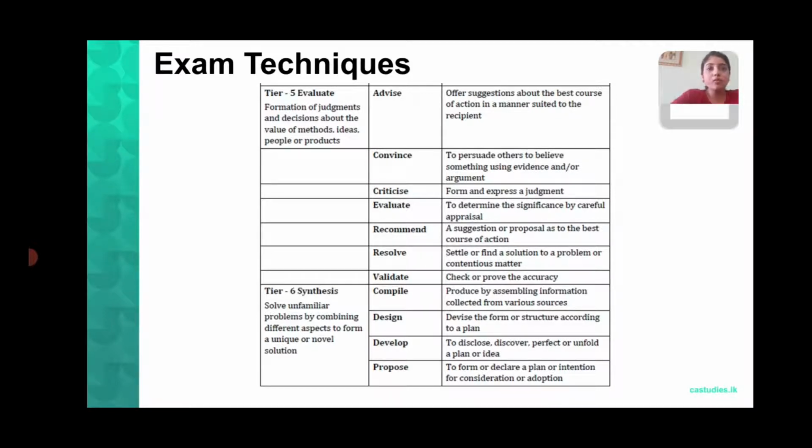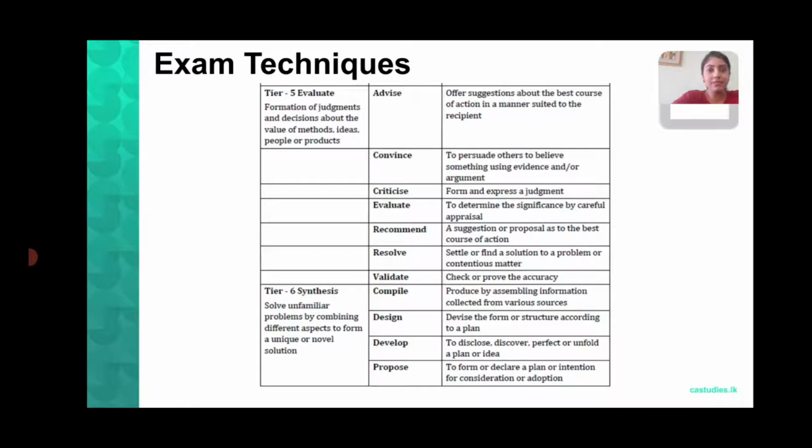Advise means offering suggestions about the best action in a manner suitable to the recipient. So they would give questions like advise the consultant, advise the shareholder. According to the knowledge and professionalism of that recipient, you need to structure your answer.